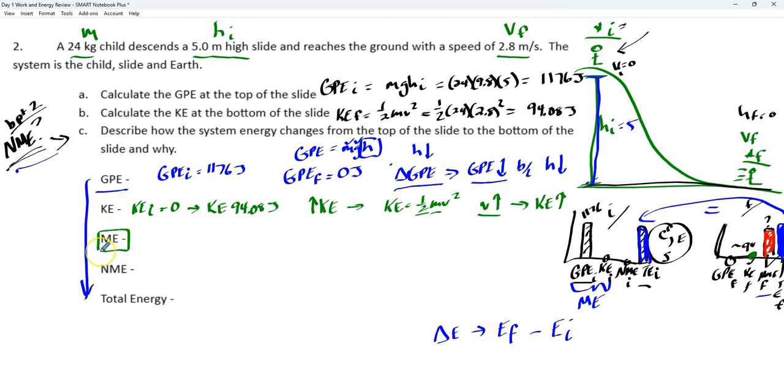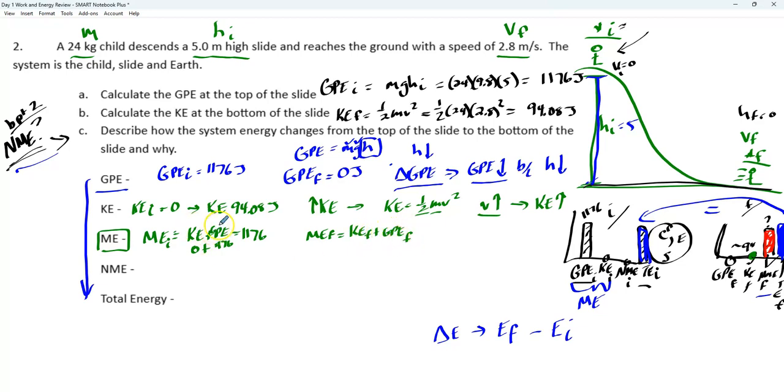Mechanical energy, that's the kinetic plus potential put together. So in the beginning, it was 1176, right? That was our gravitational potential energy, 1176. Our kinetic was 0. At the end, it's kinetic and potential, GPE final.